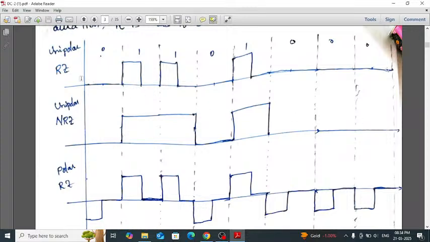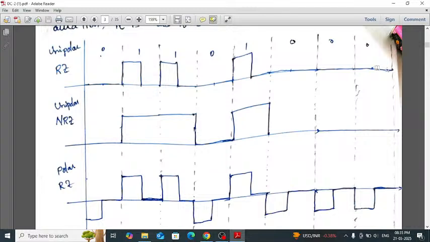In unipolar return to 0, for 0 we have zero amplitude, and for 1 we have half of the symbol duration, again for 1 half of the symbol duration, for 0 zero amplitude, for 1 again half of the symbol duration, then 0, 0, 0. This is the representation of unipolar return to 0 and non-return to 0.